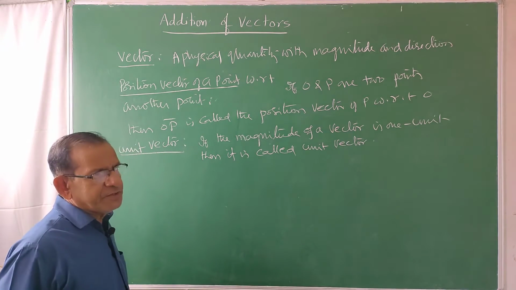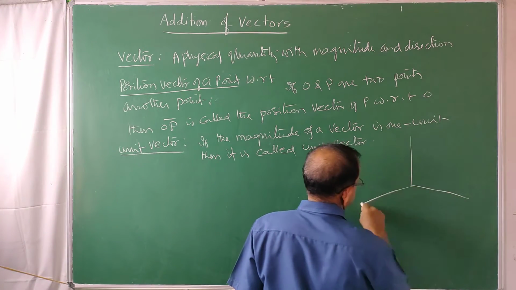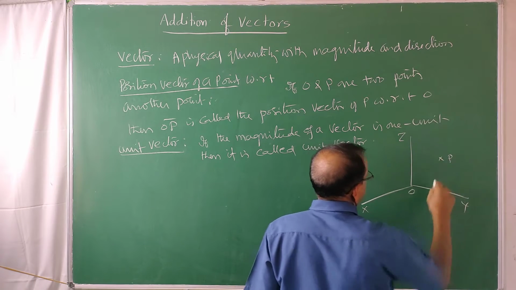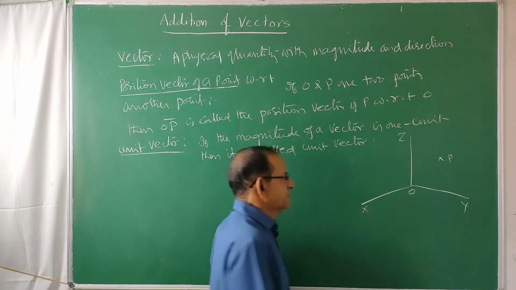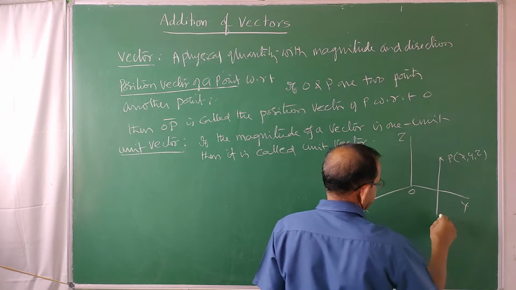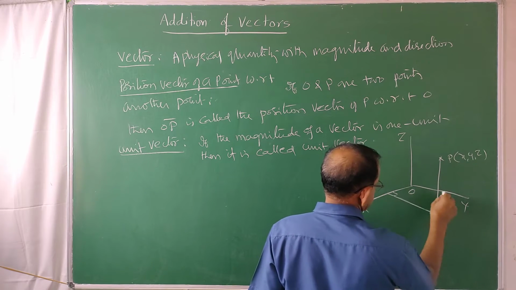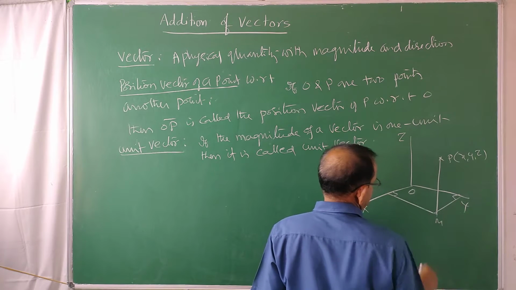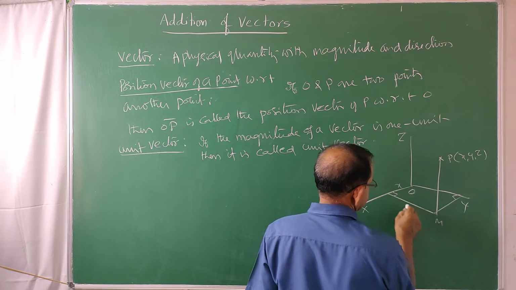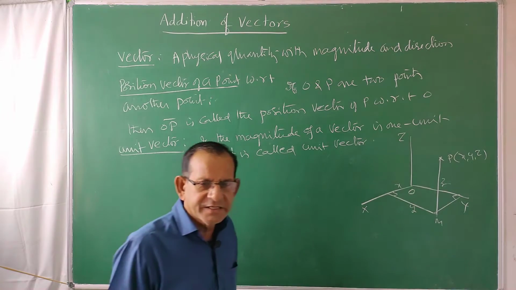Now regarding unit vectors, here we will consider 3 axes: origin, x-axis, y-axis and z-axis. If P is any point in this space with coordinates x, y, z, that means if you draw the perpendiculars, this is PM and this is the perpendicular to x-axis and this is the perpendicular to y-axis. Then in x-axis direction this is x, in y-axis direction it is y, and in the z-axis direction it is z.